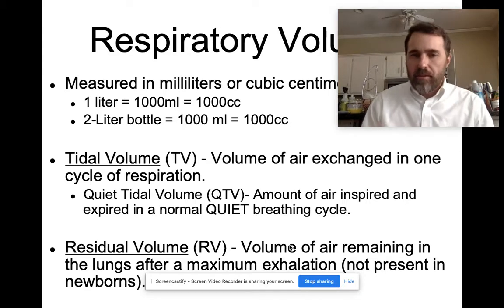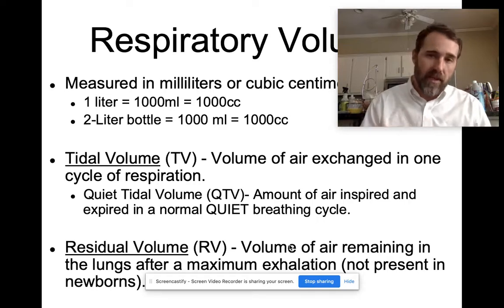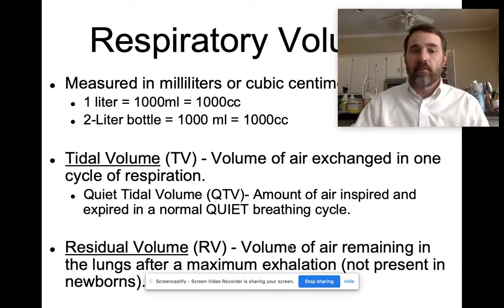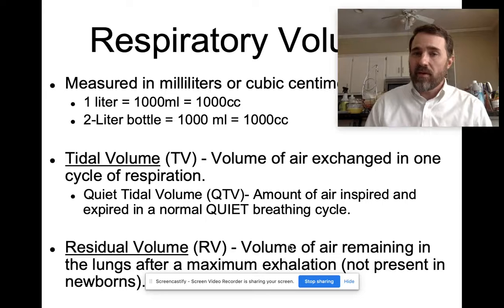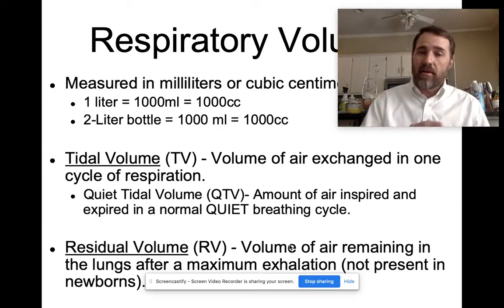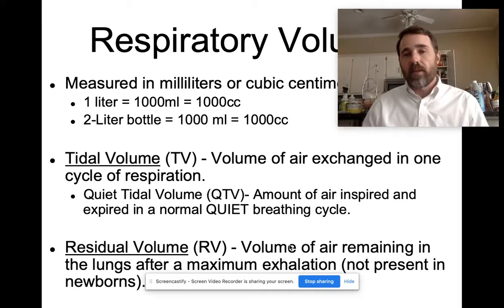The tidal volume is the amount of air that you are expiring and inspiring during the normal course of respiration. So a quiet tidal volume is that amount of air that you're expiring and inspiring as you're sitting there quietly breathing.